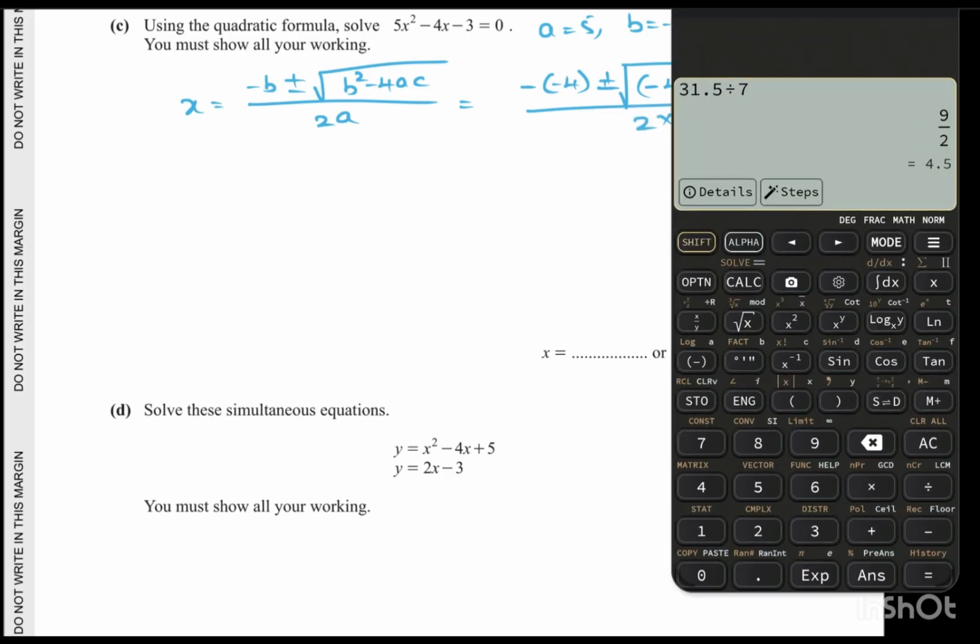You can put this in the calculator, the whole thing. Minus of minus 4, you can take it as positive 4, plus, we'll take first plus, open the brackets, b square, so minus 4 whole square. Okay, before that we need to put the square root here.